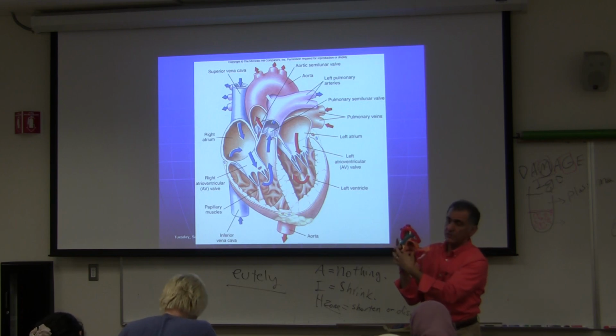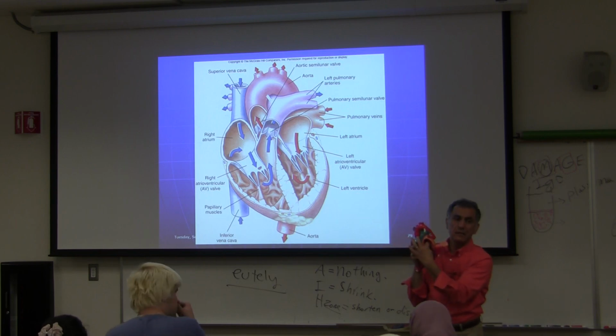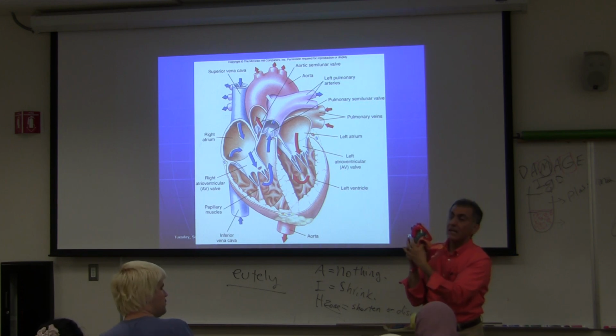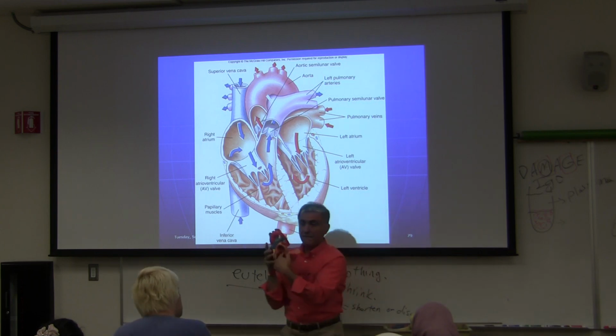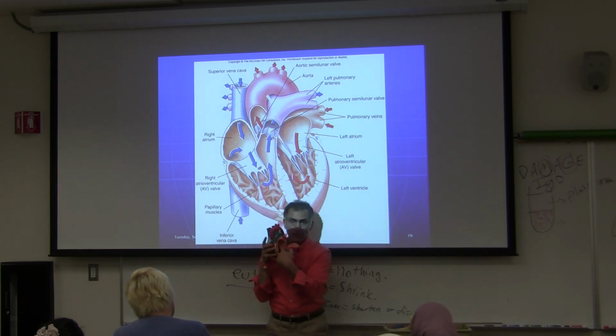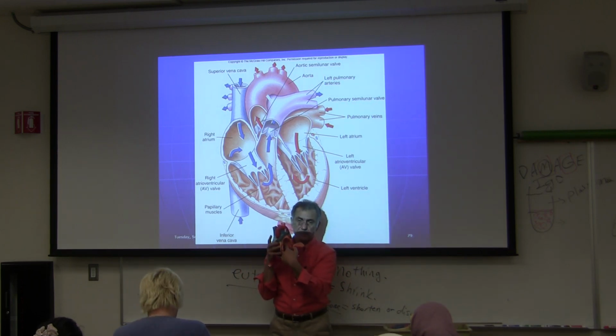From left atrium, this part is missing. What is the name of the valve here? Left atrioventricular valve. Right here is missing in this model. From the left atrioventricular valve, blood goes into the left ventricle.